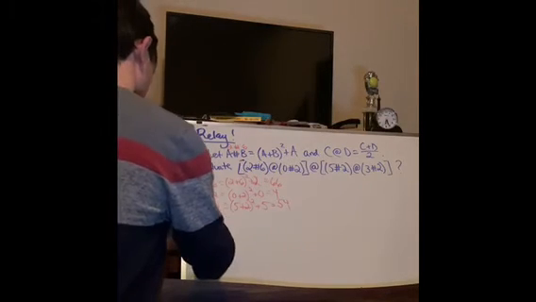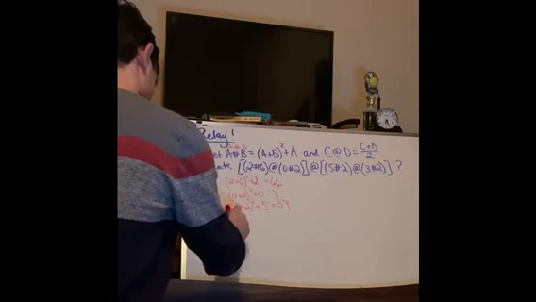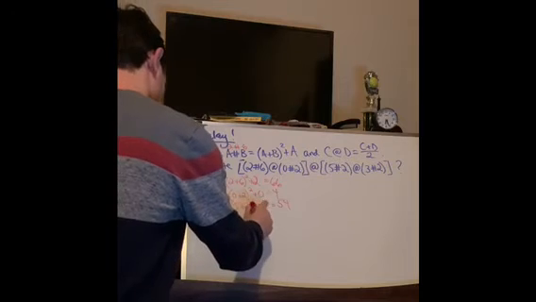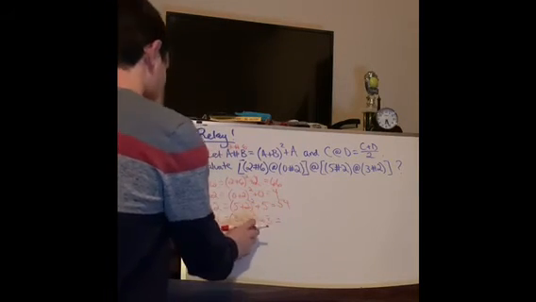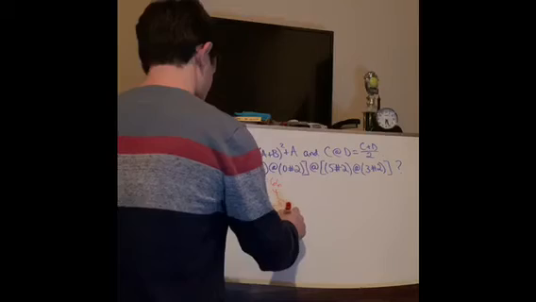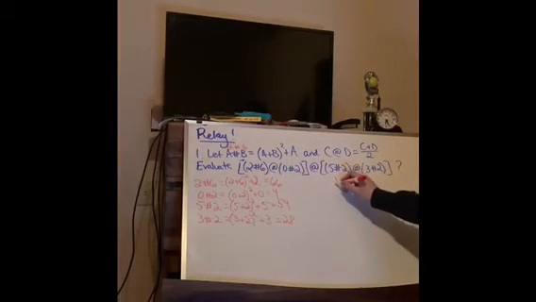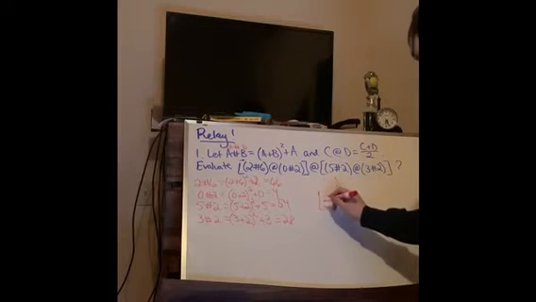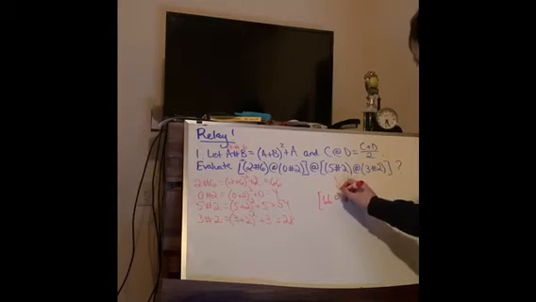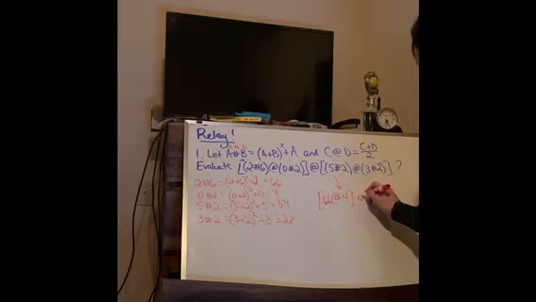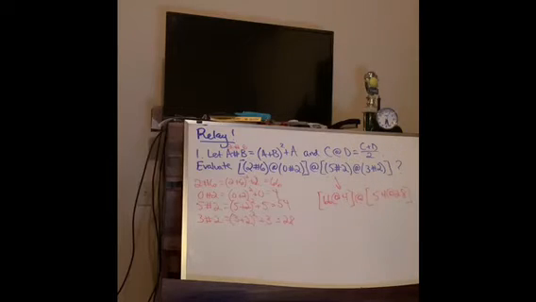And 3 hashtag 2 is going to be 3 plus 2 squared plus 3. 5 squared is 25 plus 3 is 28. So this whole thing becomes 66 at 4 at 54 at 28.